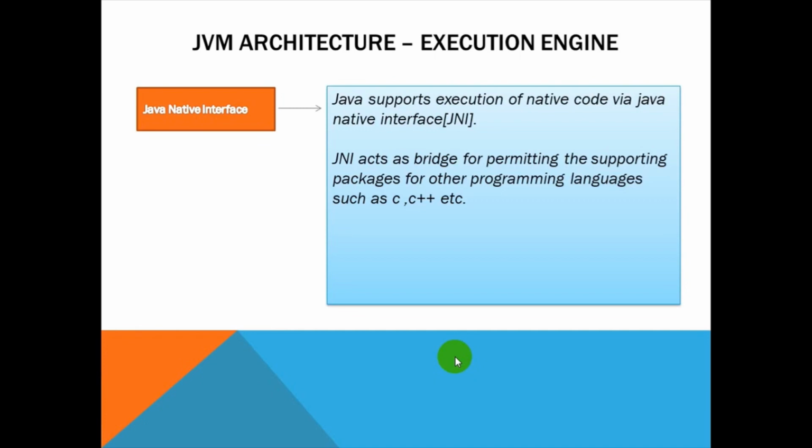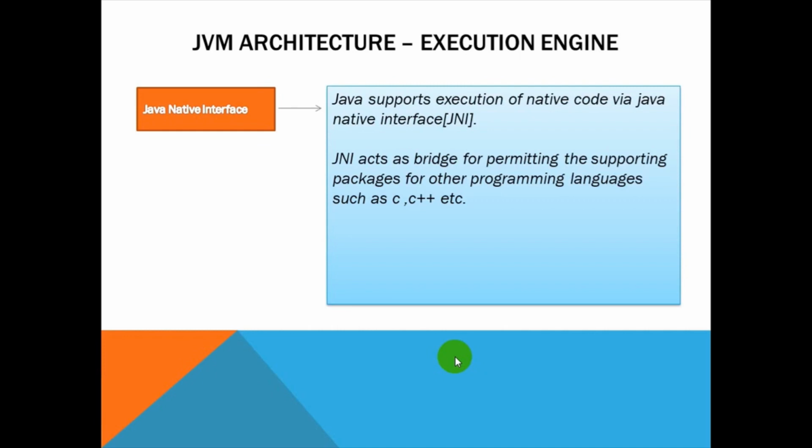JNI acts as a bridge for permitting the supporting packages for other programming languages such as C and C++, etc. This is especially helpful in cases where you need to write code that is not entirely supported by Java, like some platform specific features that can only be written in C.